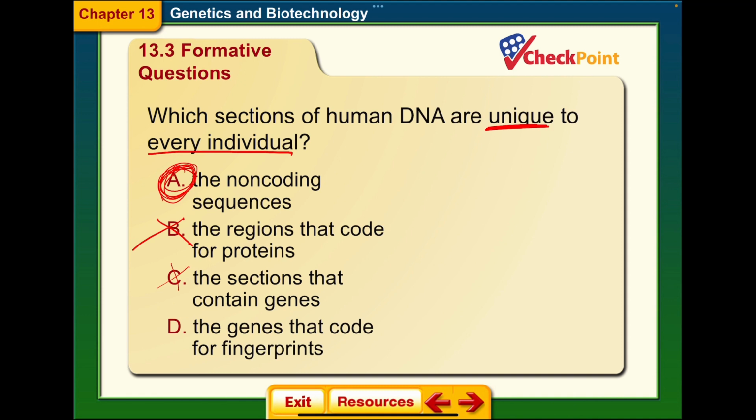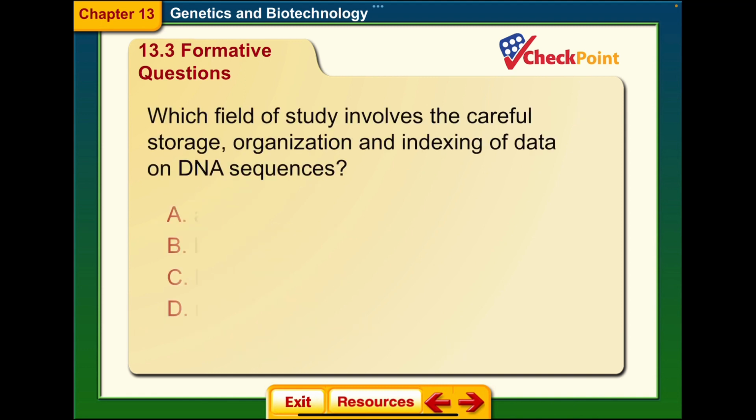You might get confused and say the genes that code for fingerprinting, but DNA fingerprinting is actually just taking these non-coding sequences, first cutting them and then putting them into gel electrophoresis to observe the distinct banding that happens. So the sections that are unique to each individual are the non-coding sequences.